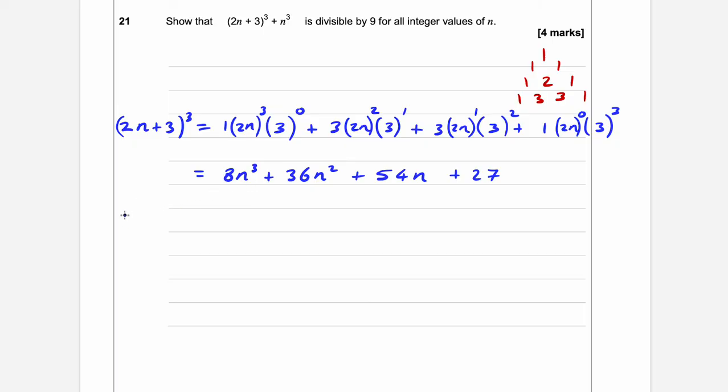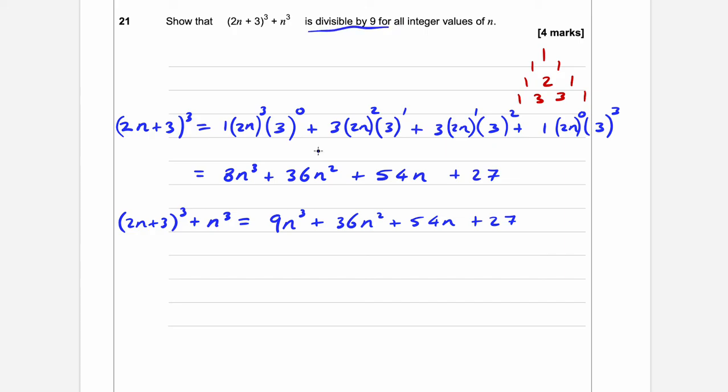Okay, so then 2n plus 3 cubed plus n cubed equals this plus n cubed, which makes that 9n cubed plus 36n squared plus 54n plus 27. And we have to show that it's divisible by 9.